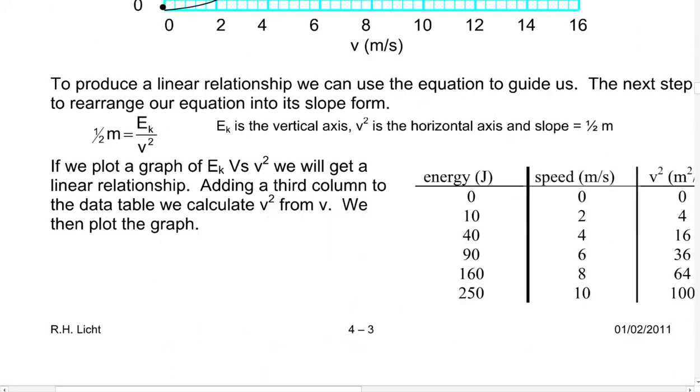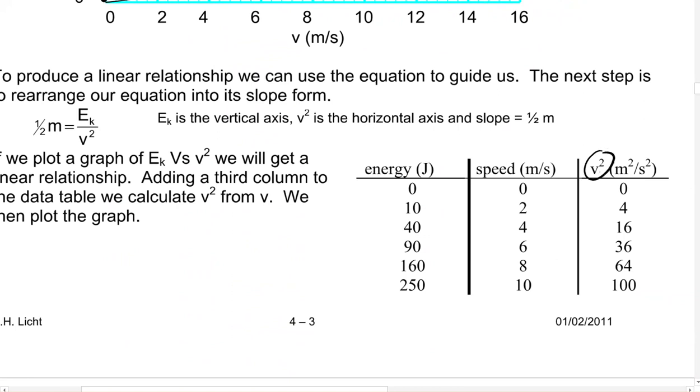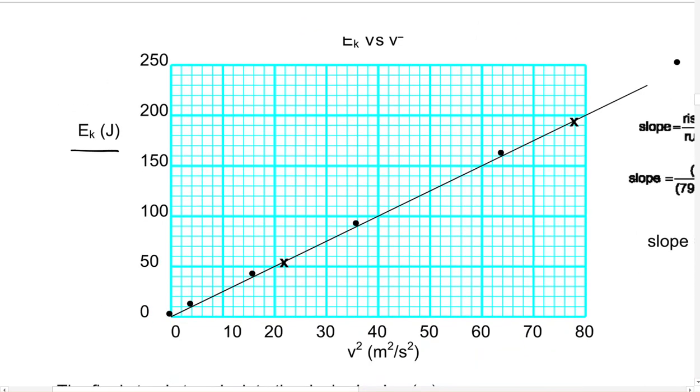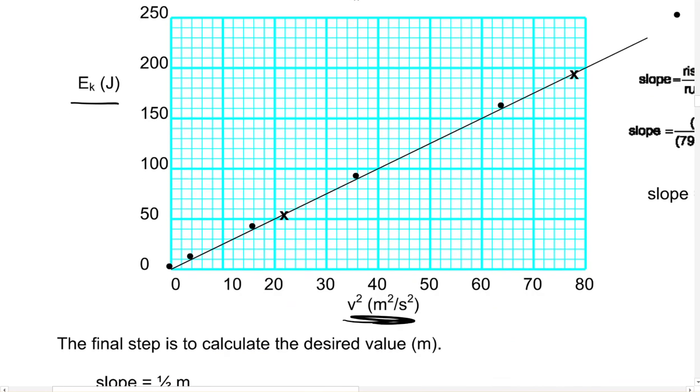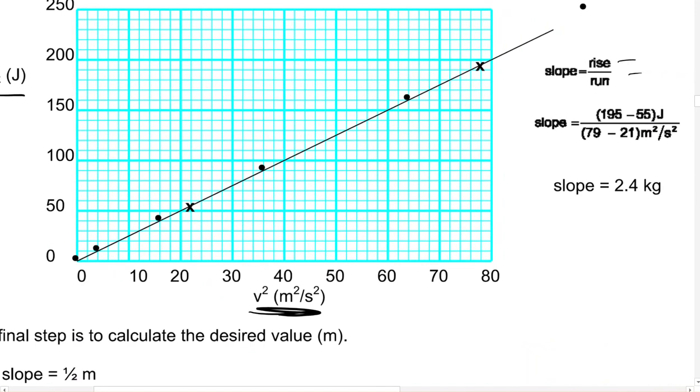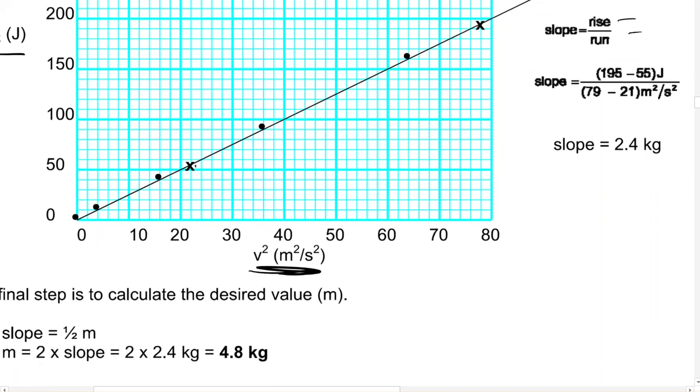But if I made a new column for V squared and plotted EK versus V squared, I now get a straight line. And I can now figure out my rise over my run, using two different places on the line, figuring out I have a slope of 2.4 kilograms.